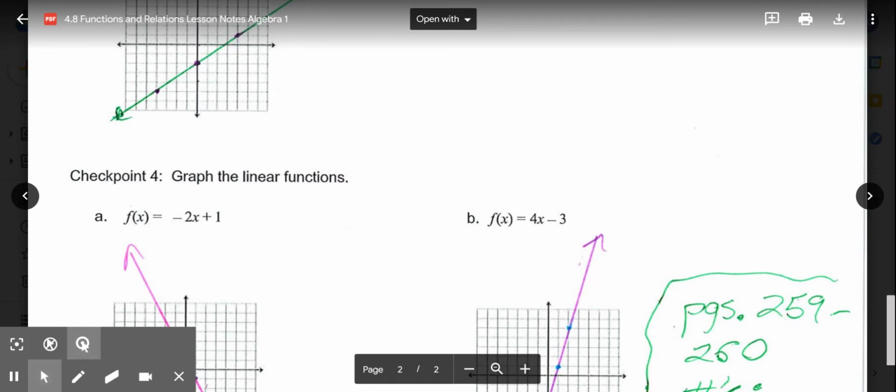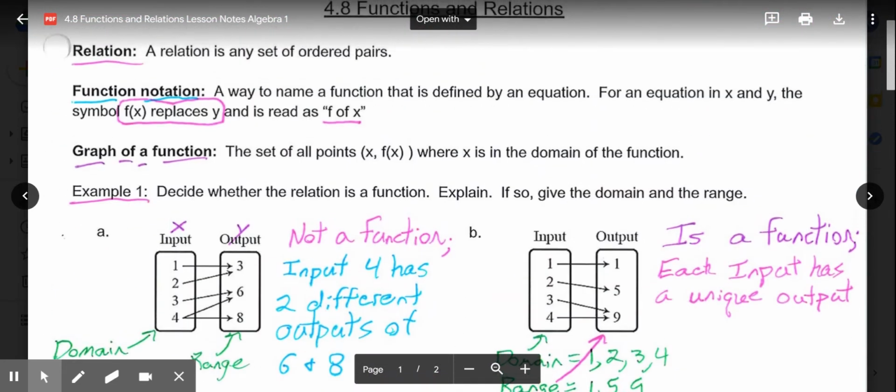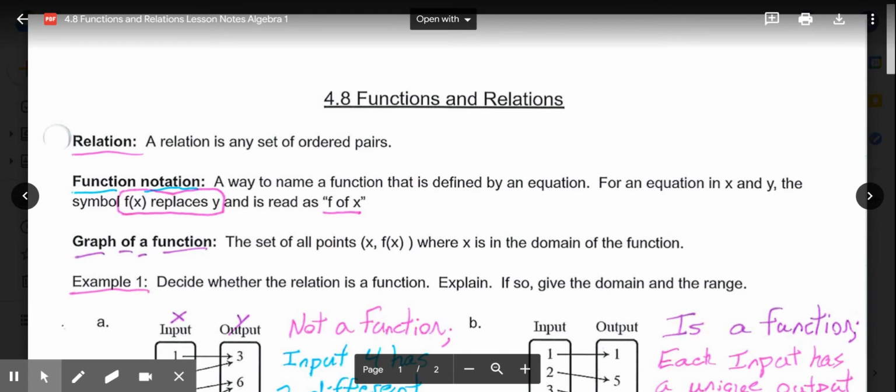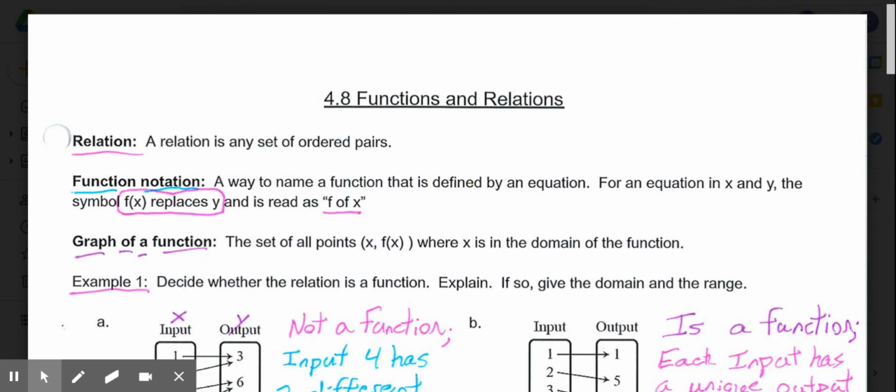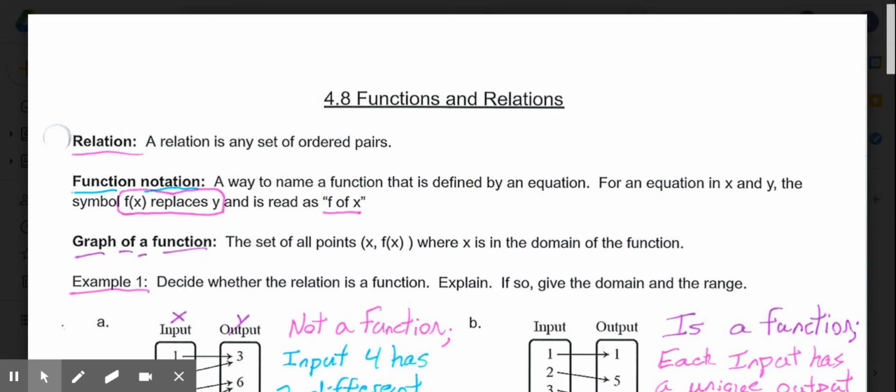And this would mean f of x equals negative 2 times x plus 1. Same thing as y equals negative 2x plus 1. So then, function notation, it's a way to name a function defined by an equation. And that's the key there, where the function piece, f of x, equals some sort of equation.